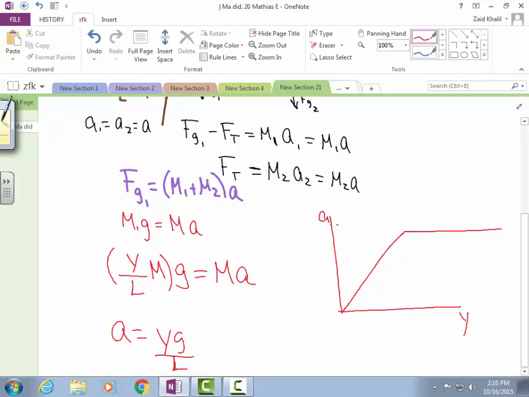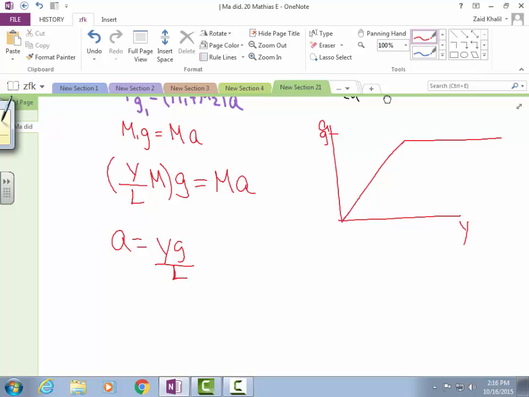Because what is that going to be? That's going to be G. Notice when y equals L, what's the acceleration of this thing? G. So now here's a question. This is a really hard question. What does this look like? Careful.